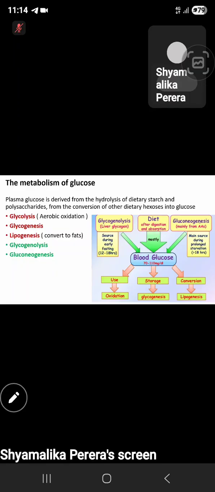The other is gluconeogenesis, that means production of glucose from sources other than glycogen, such as proteins or amino acids. So there are three pathways of formation of blood glucose, the majority from diet. The other two processes are glycogenolysis and gluconeogenesis.